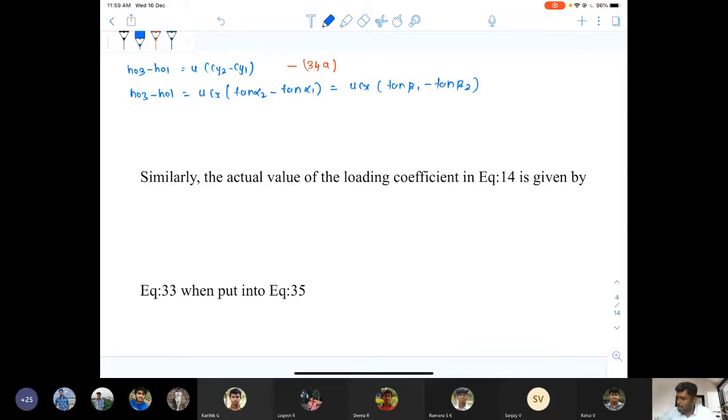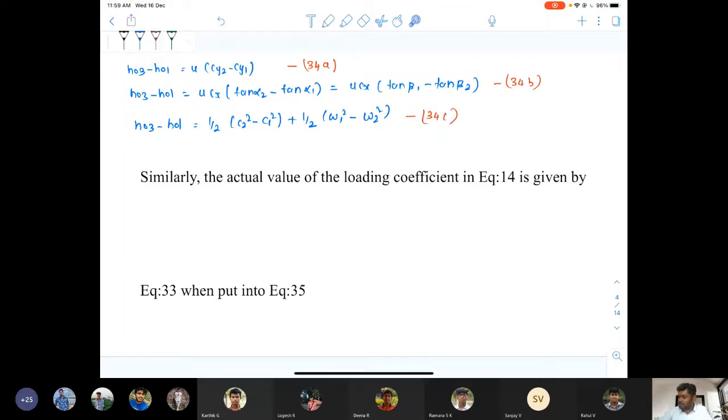Consider this equation as 34b. And again, h03 minus h01 will be equal to 1 by 2 times C2 square minus C1 square plus 1 by 2 times W1 square minus W2 square. Consider this as equation number 34c.